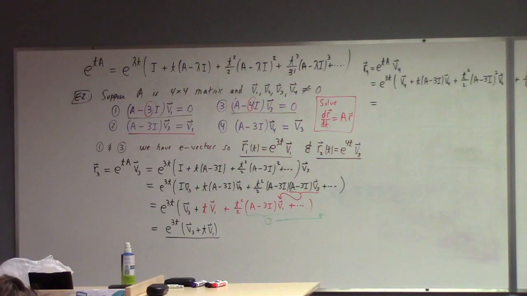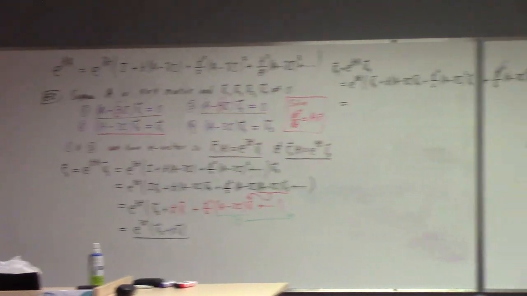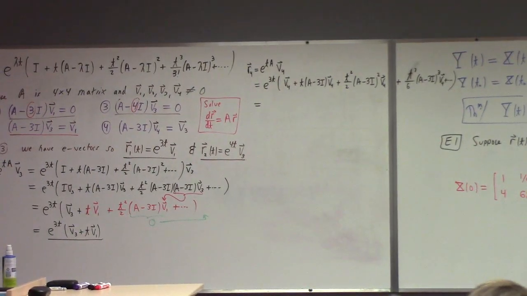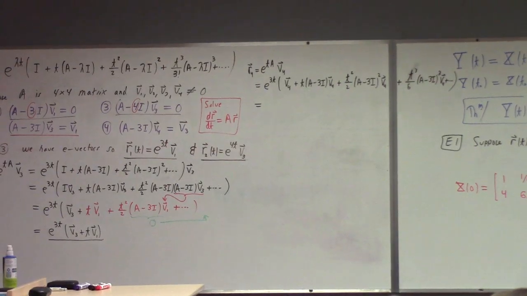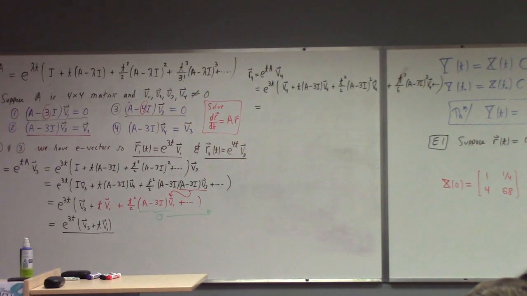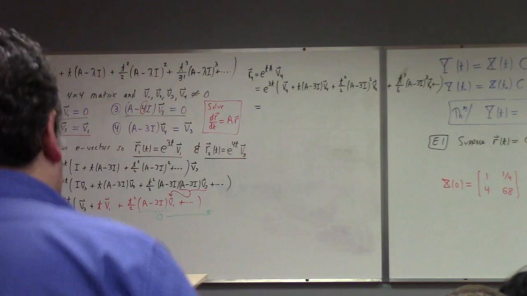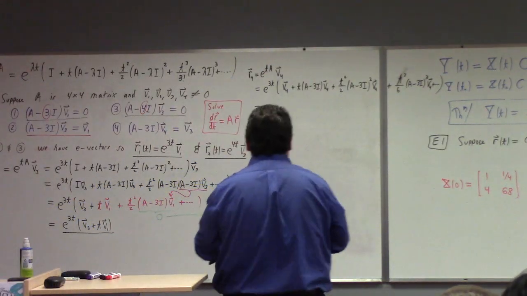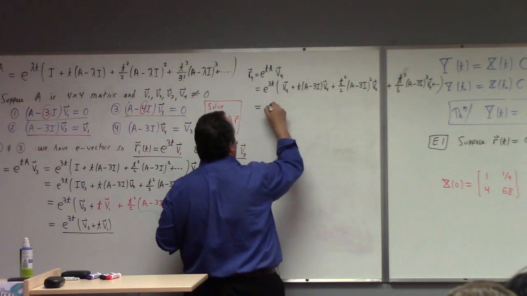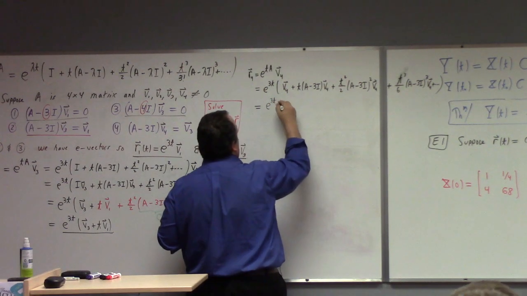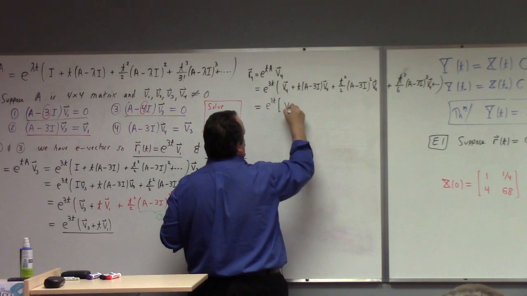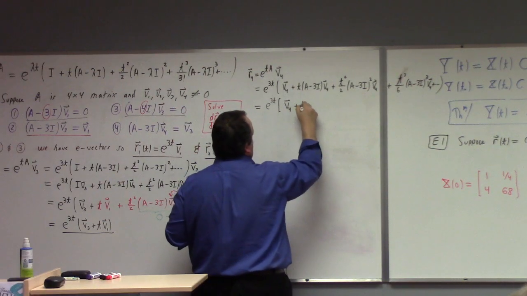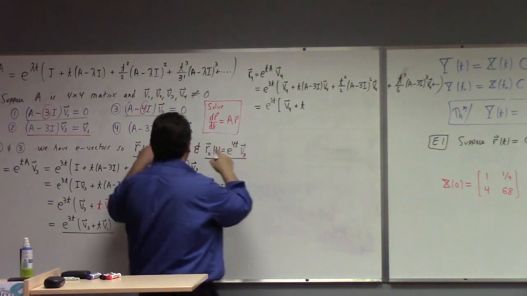So now what happens? The math works out just a little differently, right? So we have e to the 3t times what? Times v4 plus t times, what was that?